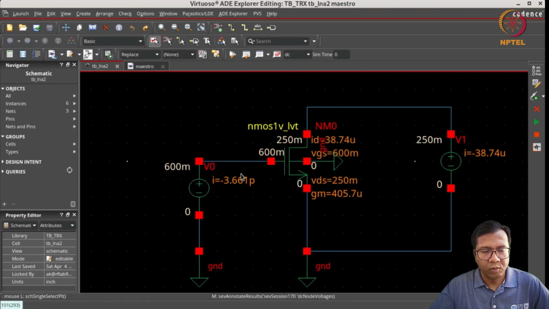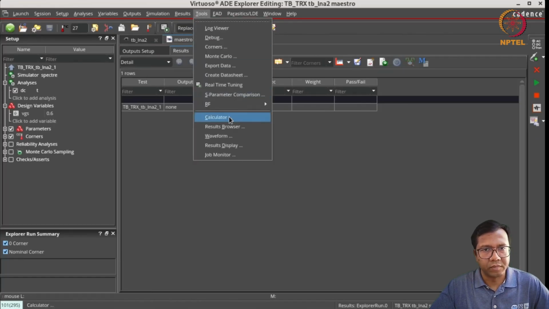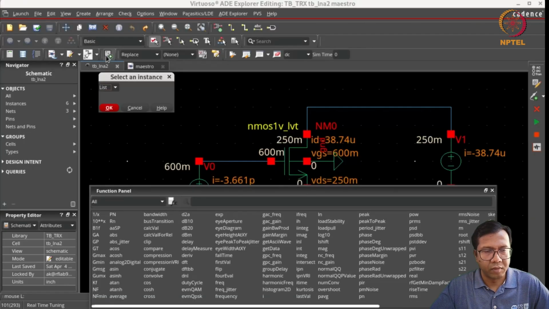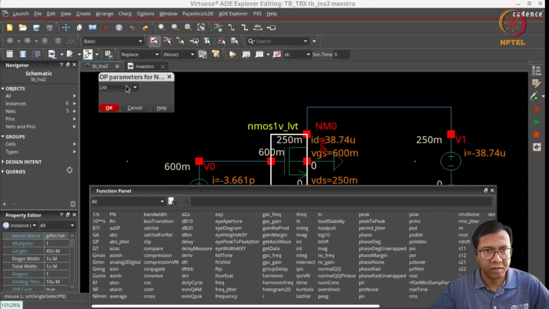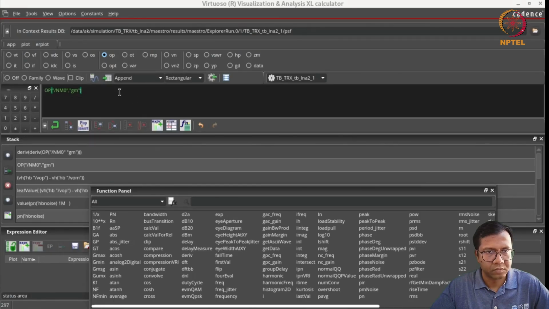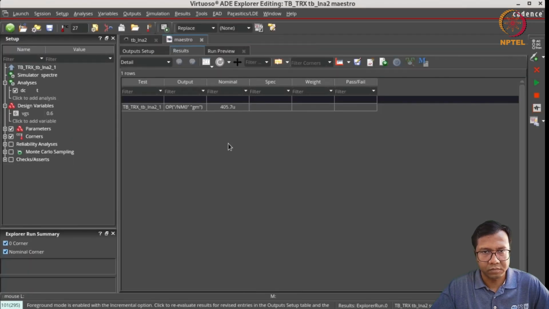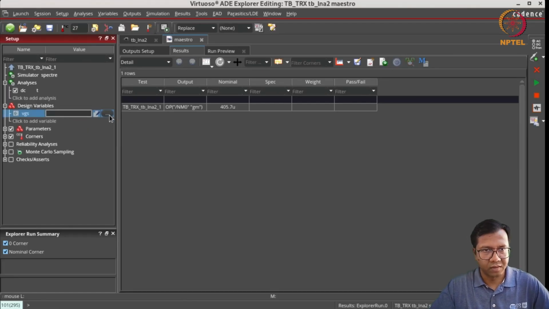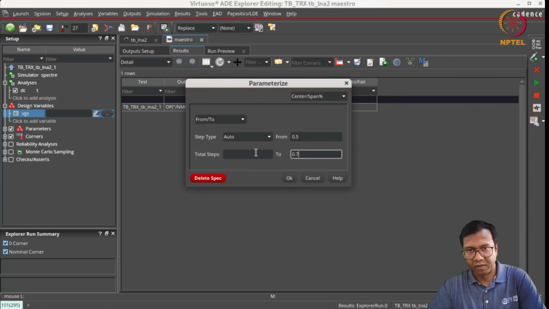So we are now going to sweep this VGS to find VGS which gives GM3 to be 0. So to do that, we need to first take the GM as one of the outputs in this simulation. Okay, now we are going to sweep this VGS from 0.5 till 0.7.